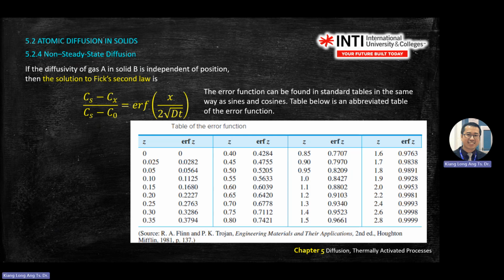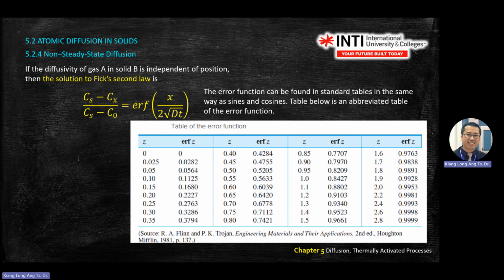Your z is x divided by 2 square root of Dt, this one. ERF z is this whole thing. z is this one. So sometimes you don't need to calculate z, or sometimes you calculate z, then you refer to this table. You calculate the T sometimes.